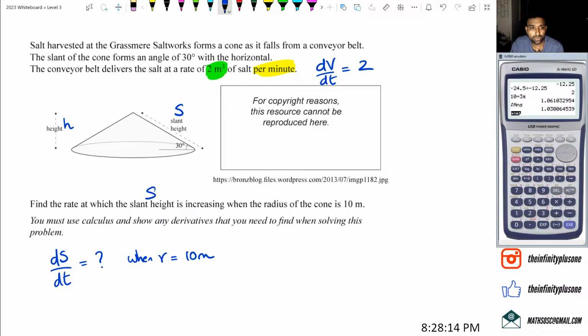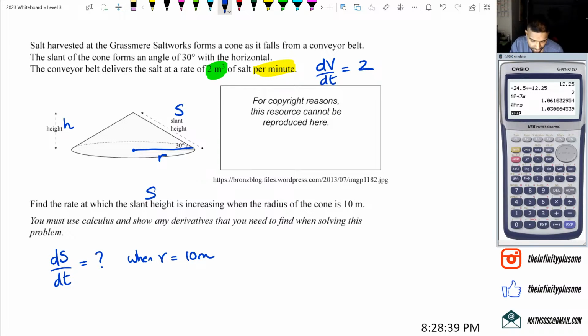Okay, so we've got a few other things that are happening here. One is we've got the radius of the cone as well. If you think about it, we've got one more variable here, which is this thing right here, which is going to be the radius of the cone. Right, so what are some of the things that we actually know about this?